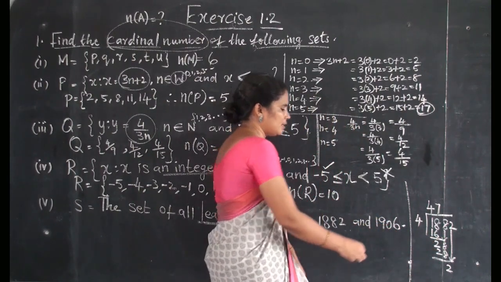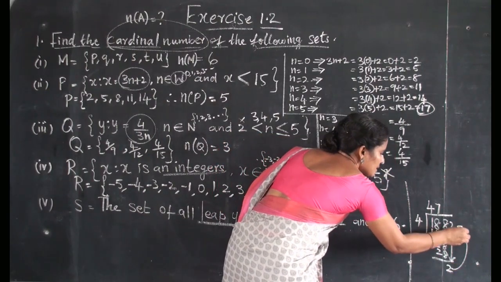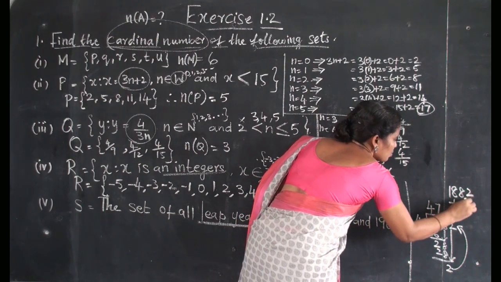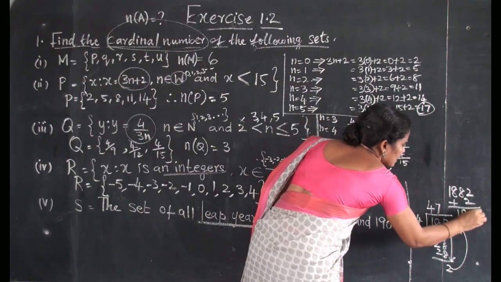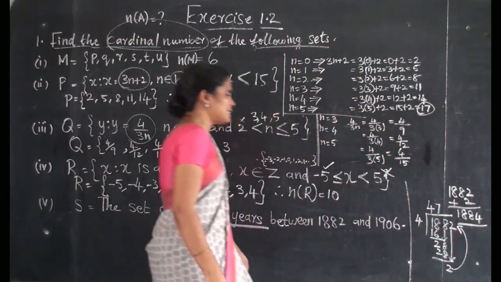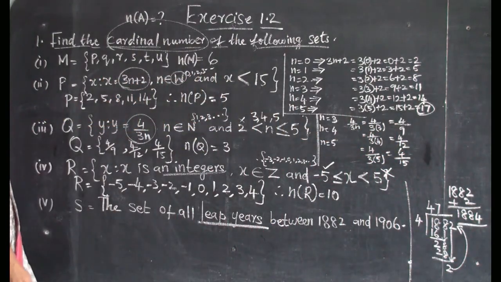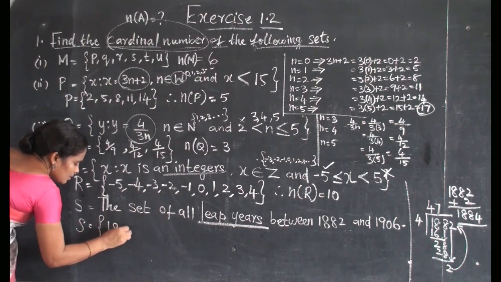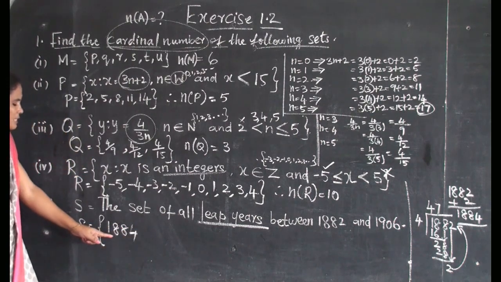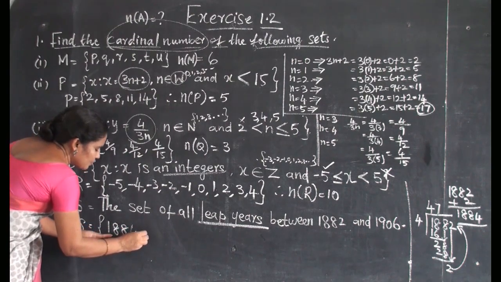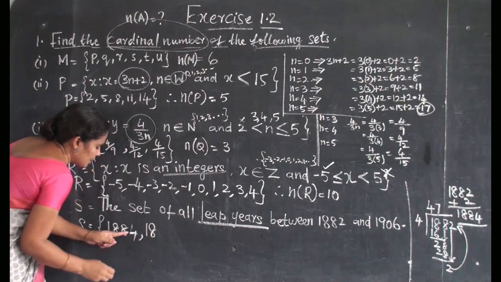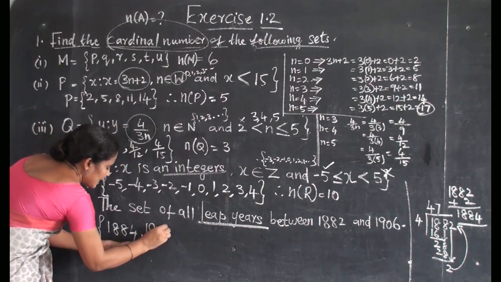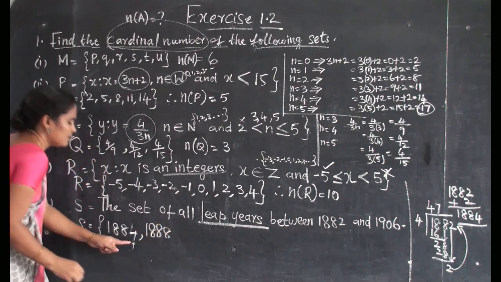To make it a leap year, just add 1882 plus 2, we get 1884. So the leap years start from 1884. So S is equal to 1884, add 4: we get 1888.